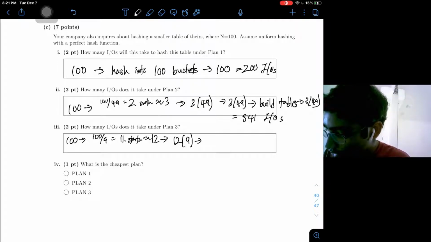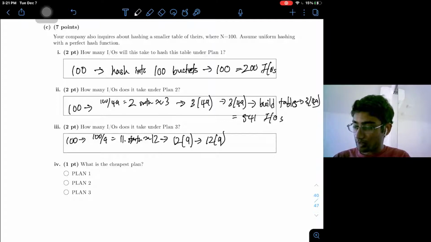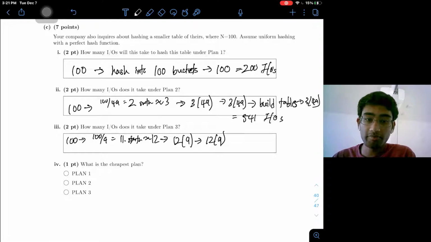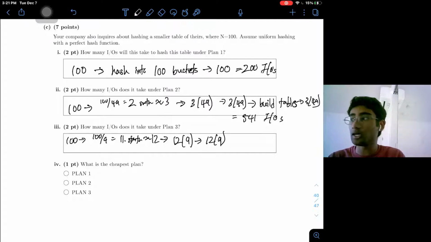Then we read those partitions back into memory. And in this case, because the partitions are too big, since they're size 12 pages and we need them to be 10 pages or less because our memory is 10 pages, we're going to have to do more partitioning. So we read in 12 times 9 pages, which is 108 pages.